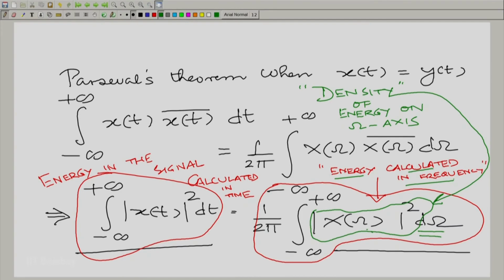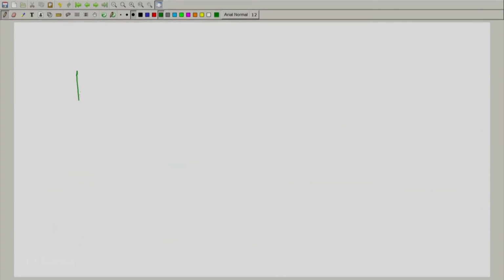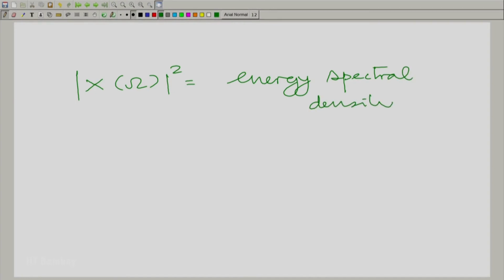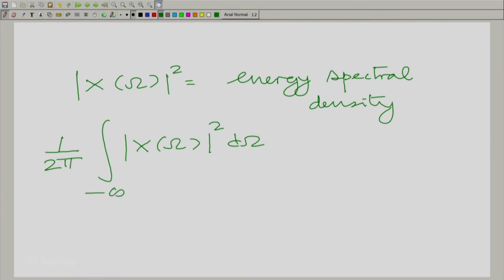It makes for this quantity to essentially be |X(omega)|^2, which we will now call the energy spectral density. And when we integrate the energy spectral density over all omega with, of course, a normalizing factor of 1 by 2 pi, we get the total energy.